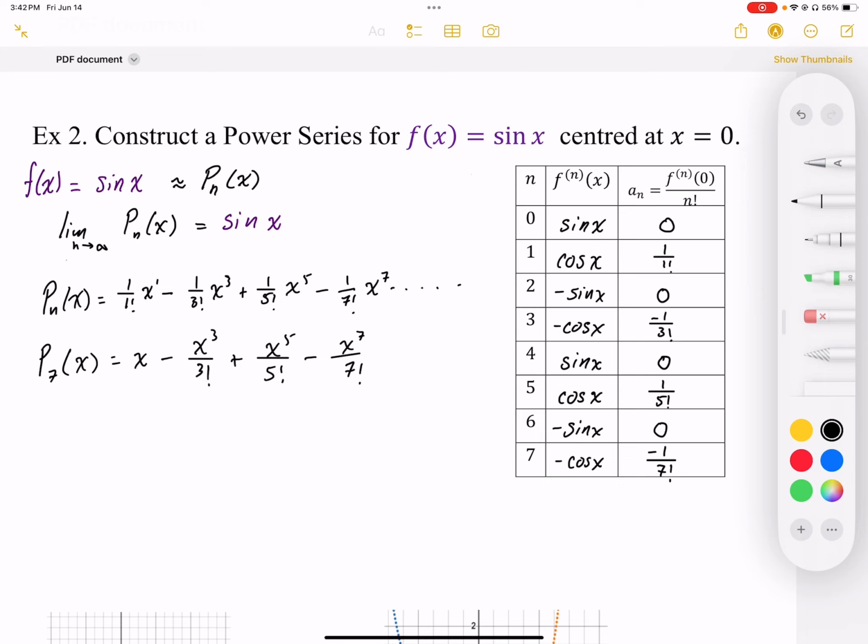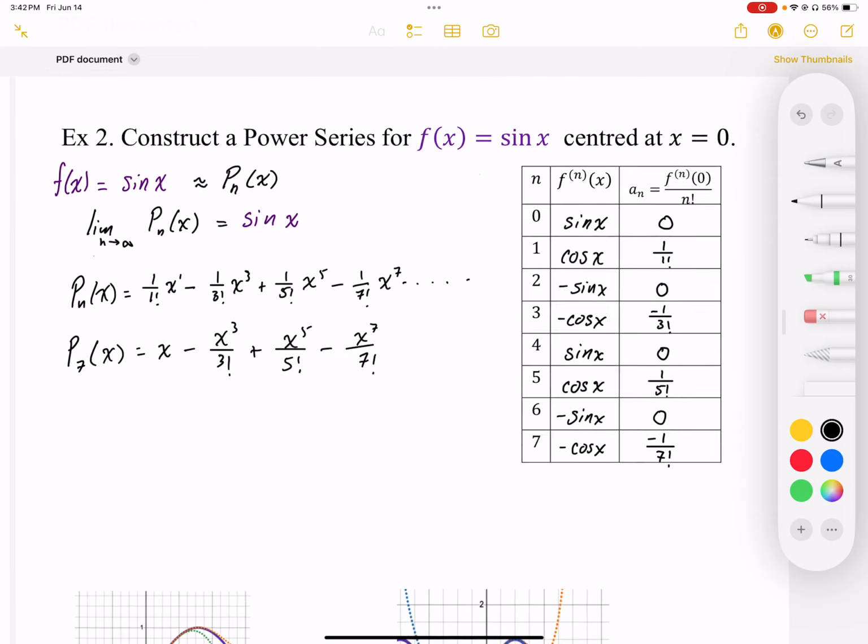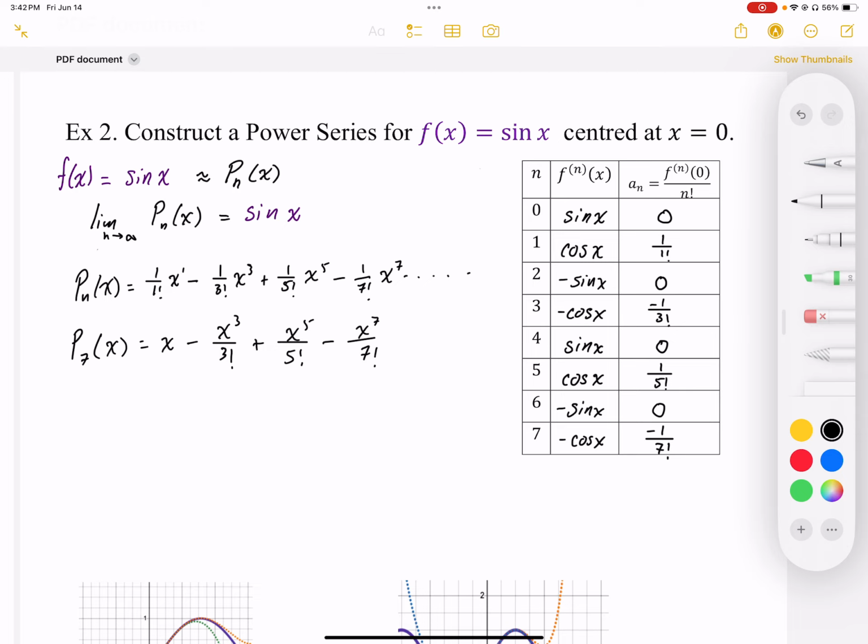Okay, so that is our series. If we want to just cut it off there, we'll call that P7. So I found successive derivatives, evaluated those derivatives at the center, and divided by n factorial to generate our coefficients. And we can see that the coefficients look like there is some distinct pattern there. If we want to generalize, we can work out a general formula for a_n. We'll do that at another point, but for now we're going to stop here.